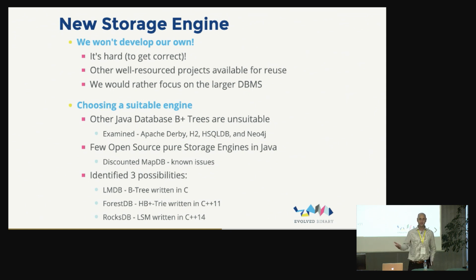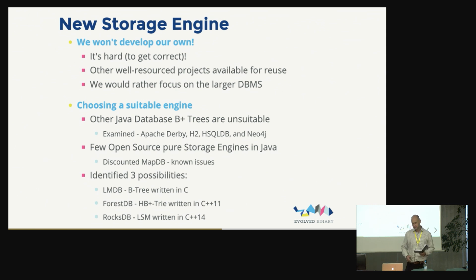So things like configuration were convoluted and were down into the B tree as well, and we didn't really want to adopt how they configure their database. We then looked at basically pure storage engines that were available in Java. We only really found one, and it had a lot of known issues, so we threw that out.